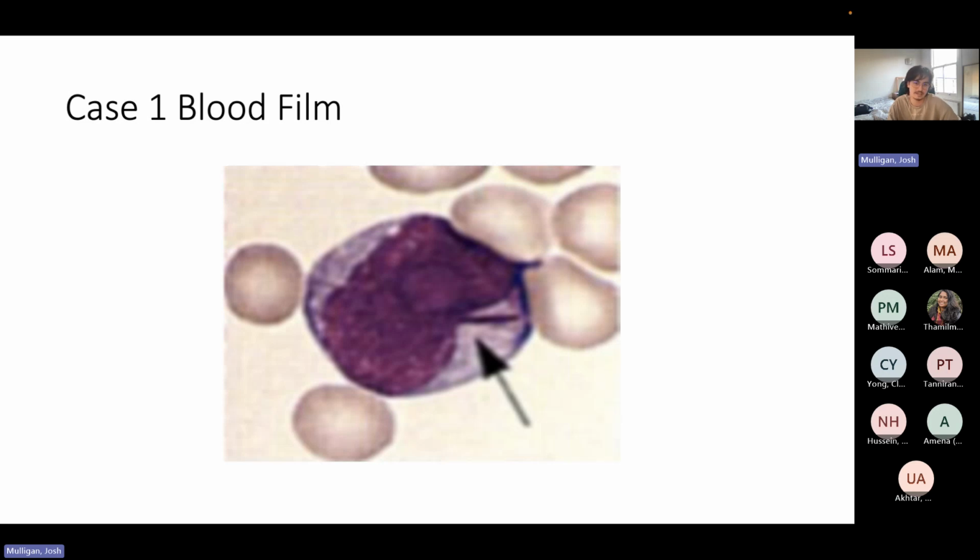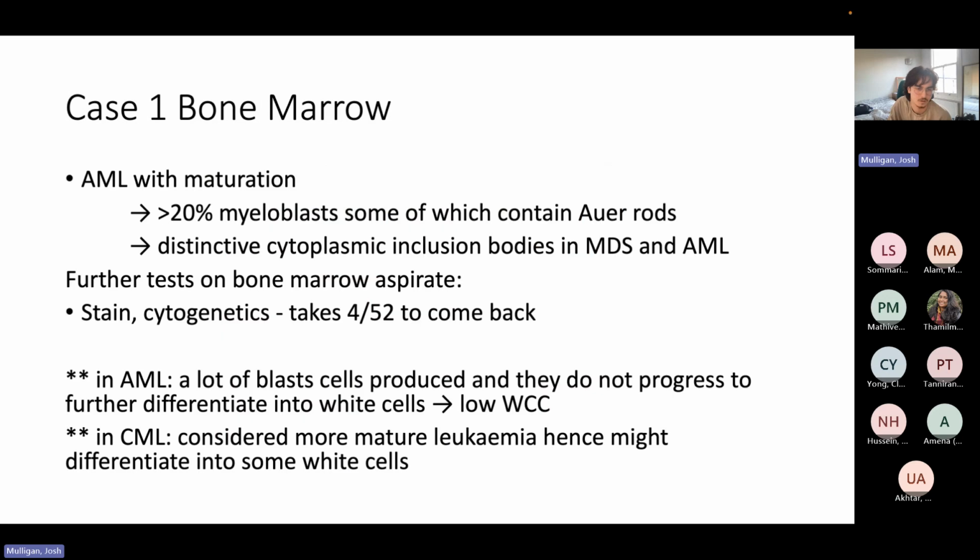So that's why it's a sign of something going wrong with the myeloid side of the tree. So yes, acute myeloid leukemia, that's what we're starting to worry about here. You can see that the myeloblasts are much higher than you'd expect, and they contain these Auer rods.